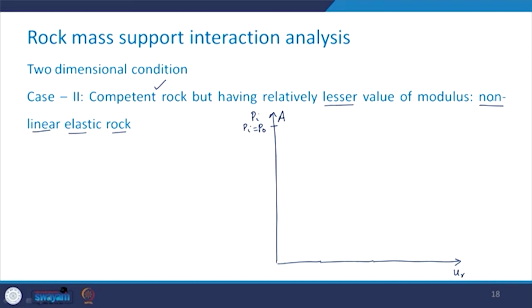Now since this is non-linear elastic rock, in the beginning for some portion you will have the linear response of the ground, that's the linear one, and then it will become non-linear, and somewhere here this becomes equal to 0.